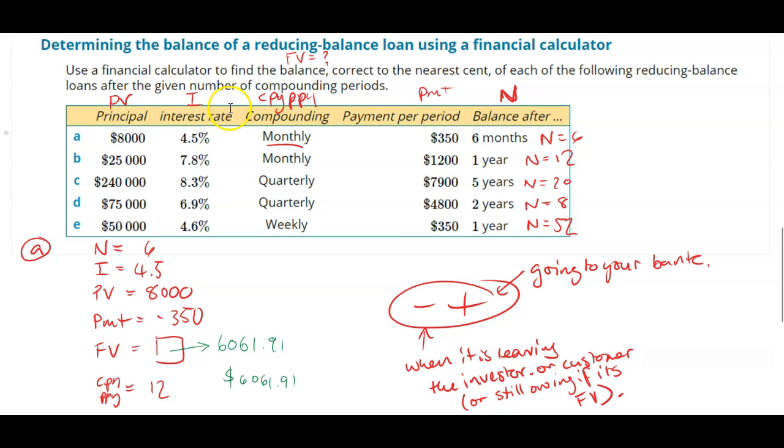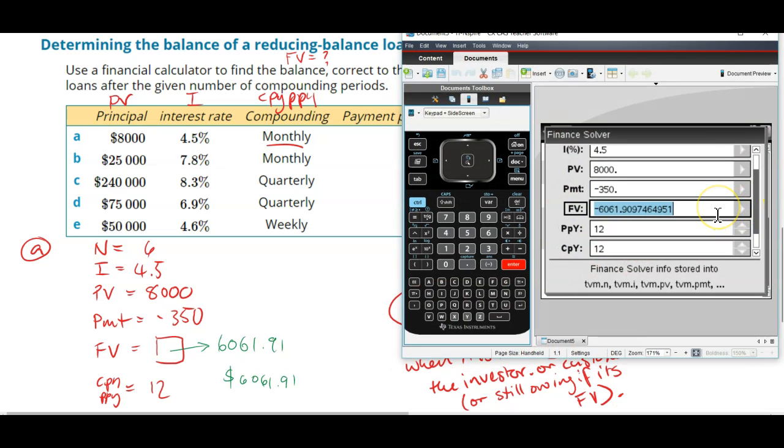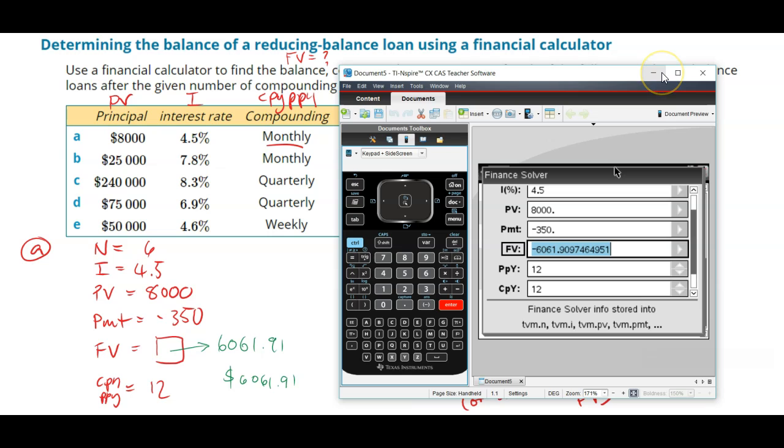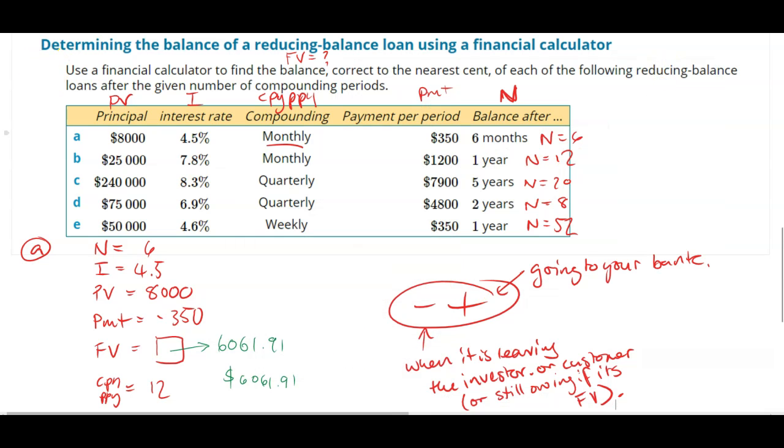Whenever FV is negative, it means still owing. Technically, if FV goes positive, that means they owe you. An example of that might be a house question. If it's talking about an investment, then the money owed to you is the value of the property, so it's basically profit. If FV is positive, it's like profit. If FV is negative, it's the opposite of profit, and you're going to have to pay that debt. All right, hopefully that helps answer those questions, and you can work through the rest on your own.